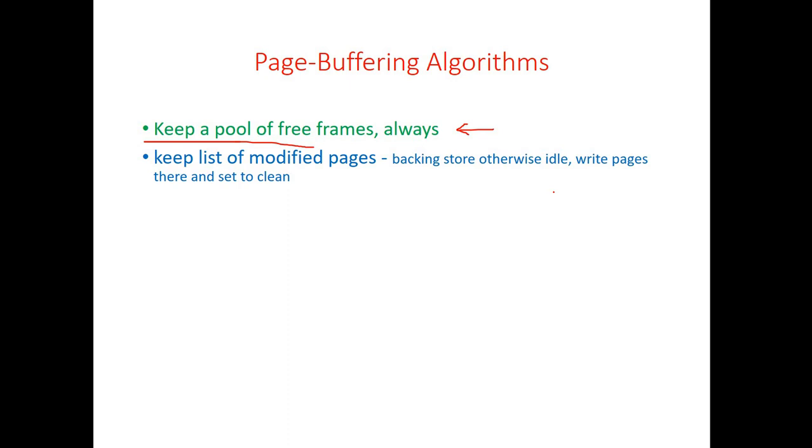Next one is keeping a list of modified pages. When there are modified pages in the physical memory and the backing store is idle, to save time, the modified pages are written into the backing storage so that the corresponding entries regarding the modification of the pages in the page table are set back to clean status.